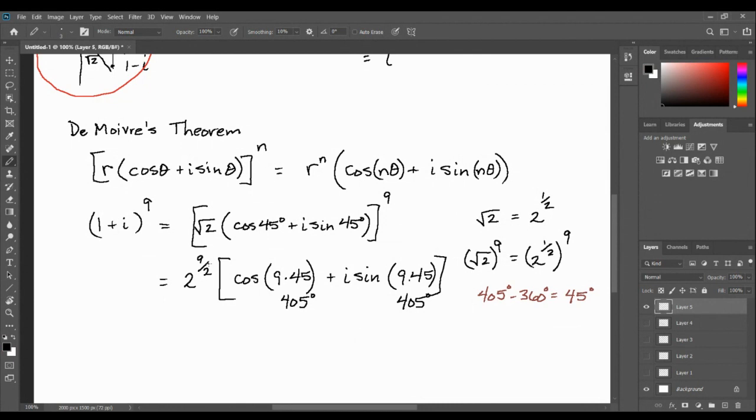So 2 to the 9/2 power. Oh, let's see, we simplify that down and so on. It comes out to be 16 root 2. And then cosine of 45 plus i sine 45.